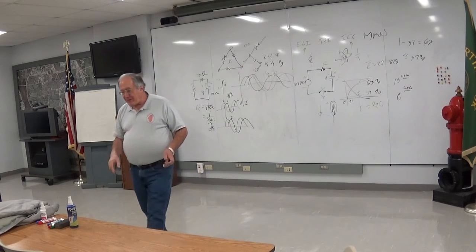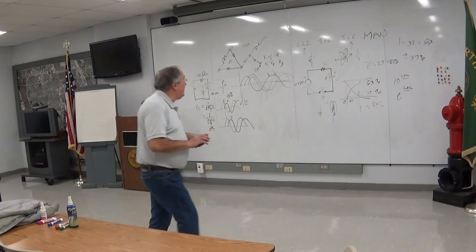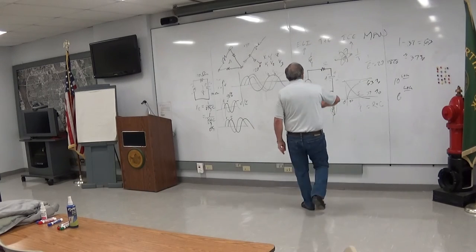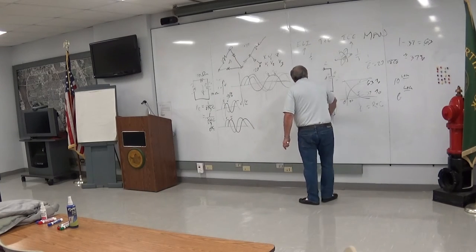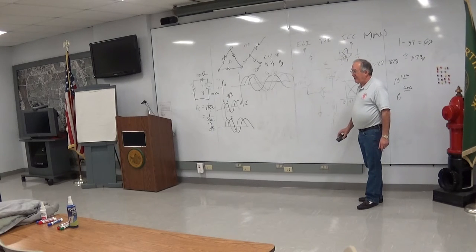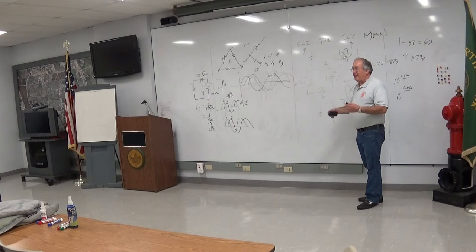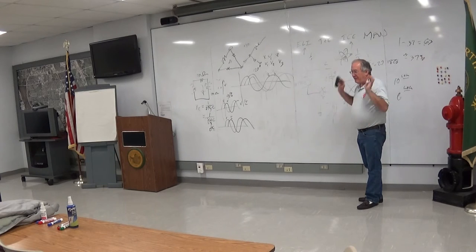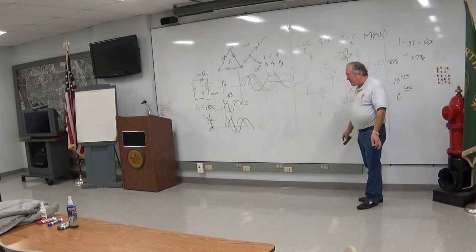Okay, let's talk about that. What kind of bookkeeping device am I talking about? It's called the rectangular coordinate system. I think you saw that before in your life. It was there when you took college algebra, or basic algebra, I think.